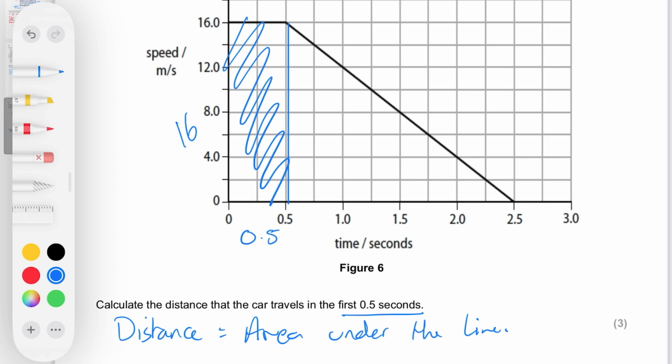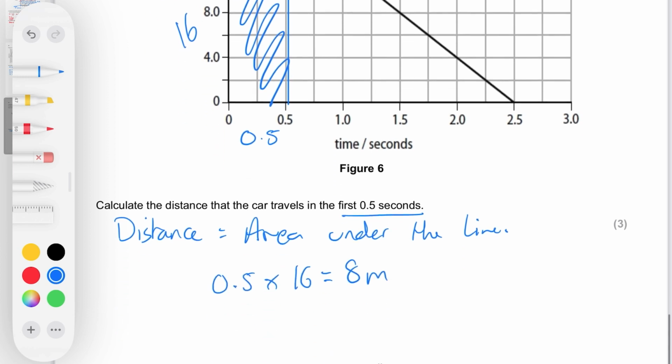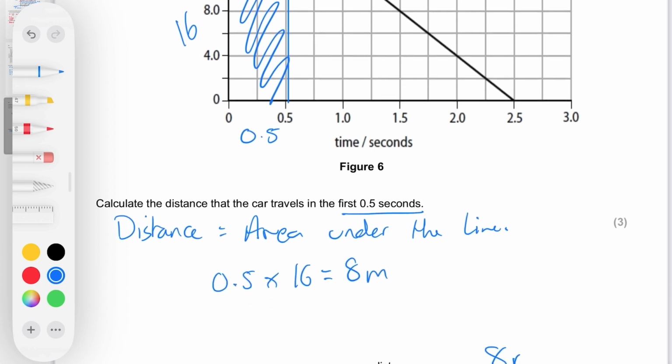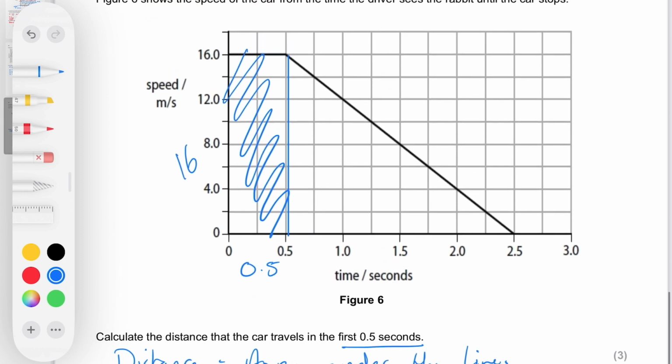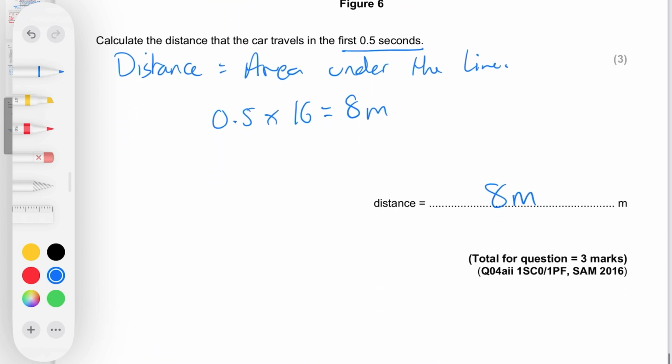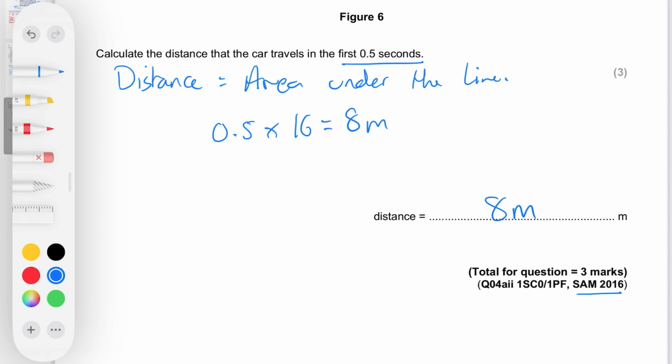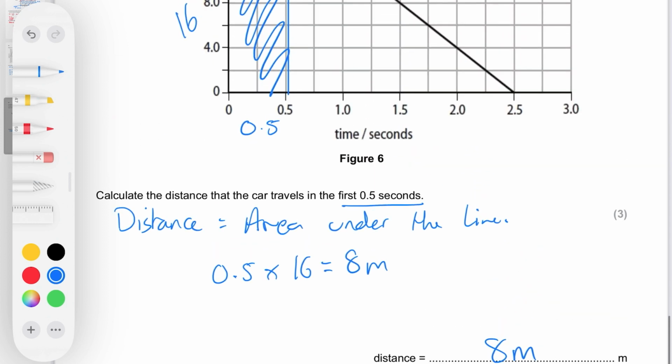So 0.5 times 16. Now I know a lot of you can do that in your head, but I would always recommend just use a calculator, double check, make sure. So you get 8 meters. Perfect. And that was from a sample paper in 2016.